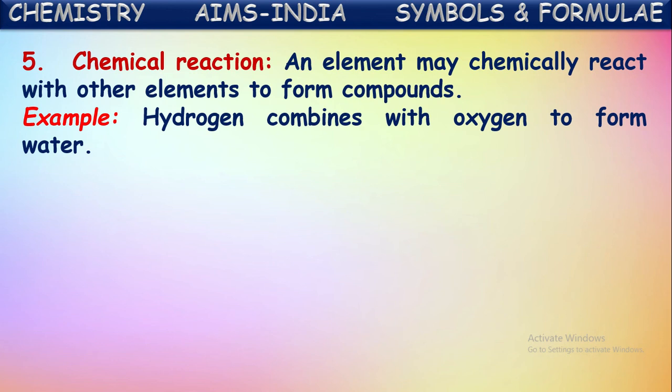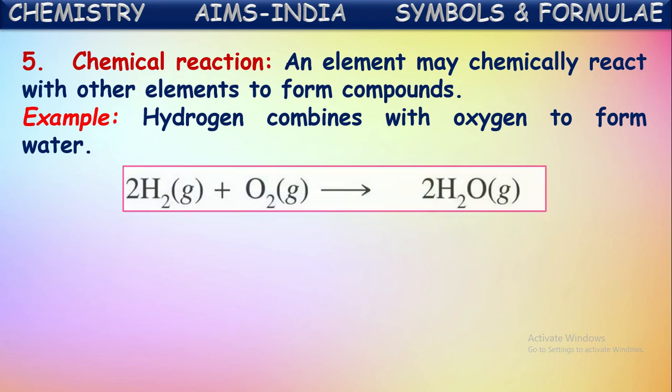Here hydrogen is an element, oxygen is another element. If these two combine, they form a new substance called a compound, that is water. That can be represented equationally like this: hydrogen combines with oxygen to form water. This is called a chemical reaction.